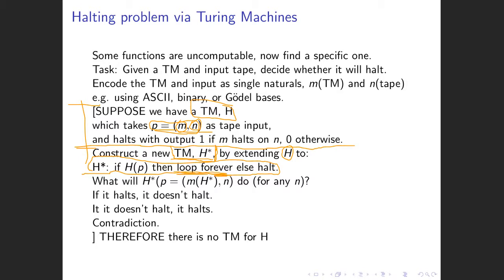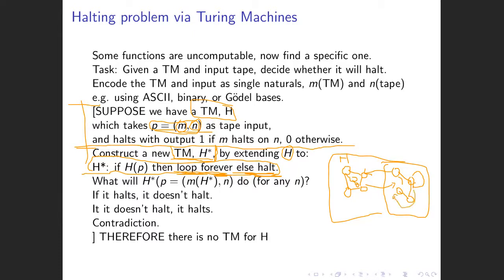If H is not true, then halt. So you can imagine H is some giant finite state machine like this. H star is just going to be a little bit of extra logic which encapsulates H. It's going to call out to H, look at its result. If H halts, then we're going to spin forever, and otherwise we go to a state that halts.